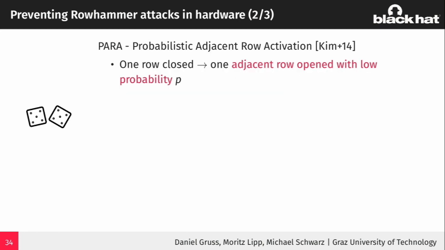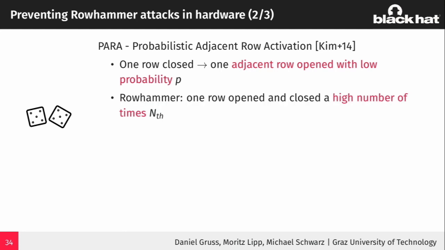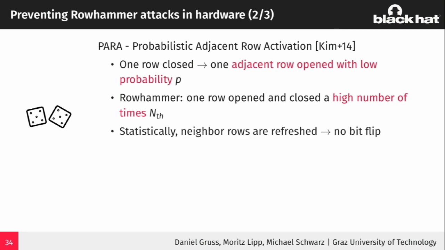But these are not the only proposals. There were a lot of proposals afterwards of researchers trying to prevent the Rowhammer effect. For example, PARA, the probabilistic adjacent row activation, which was also in the original paper. Every time a row is closed, we open an adjacent row with a certain probability. So if we hammer, then we have a lot of row closings, and we refresh the neighboring rows more often.